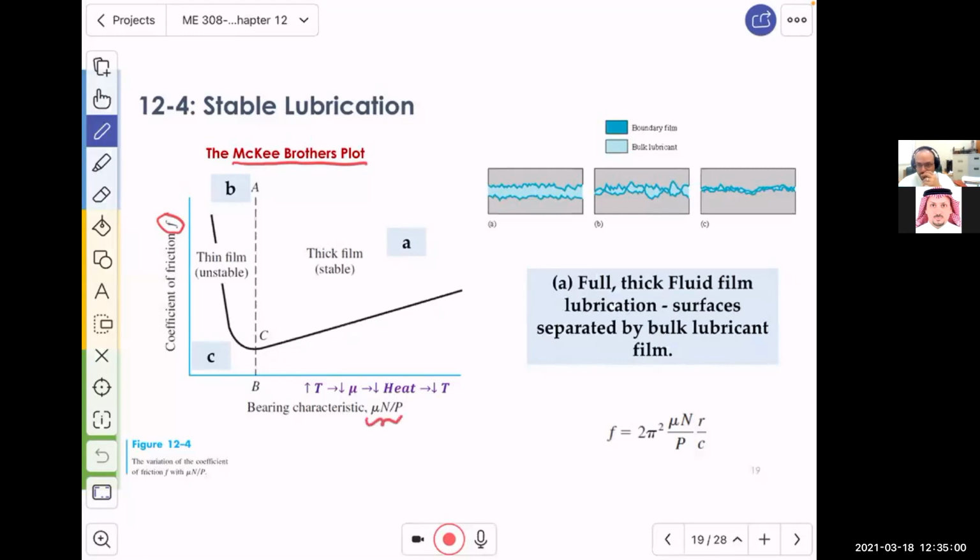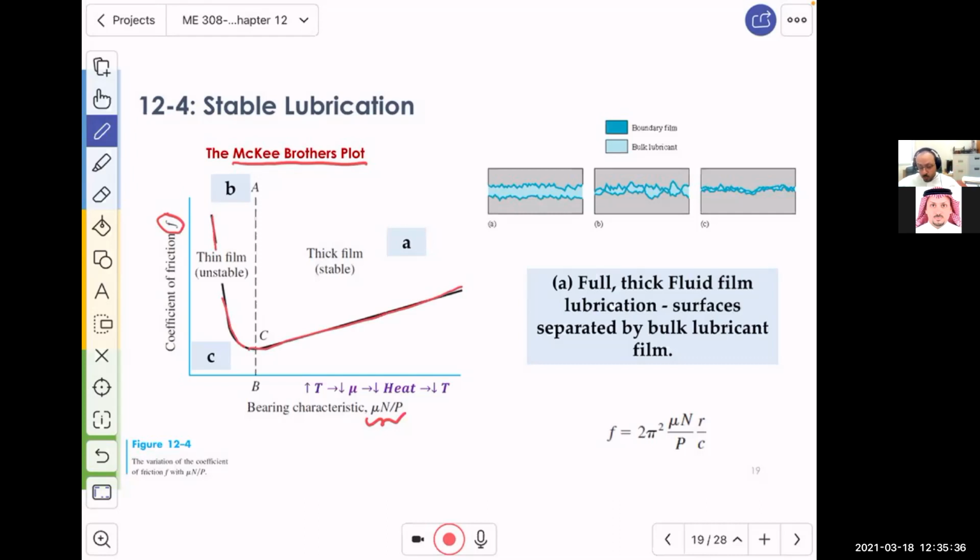You remember this ratio, which has the RPM, the viscosity, and the pressure, on the x-axis. They ran the experiment and realized there is a trend which relates this characteristic number with F. As you see, the curve is very clear, climbing up over here, going down, and then moving up like that. Now, it's very hard to start the discussion, so let me tell you.